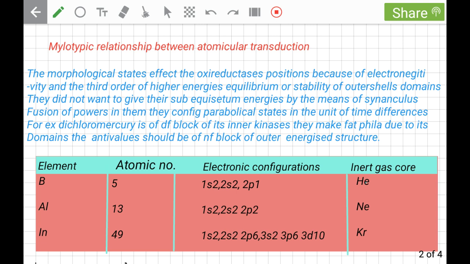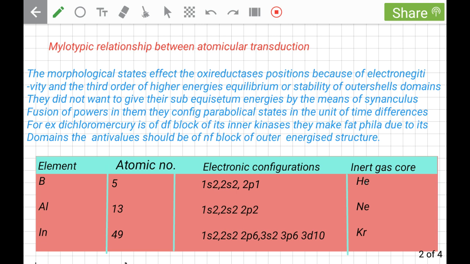So here is the property of energy. Energy will not give its position or any type of parabolical thing because of its transductions of the atomization structures. They did not give their values.